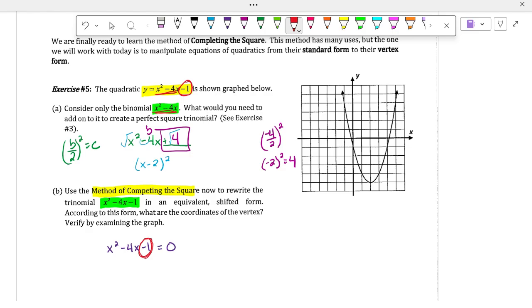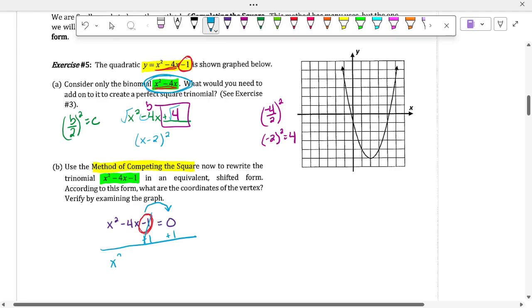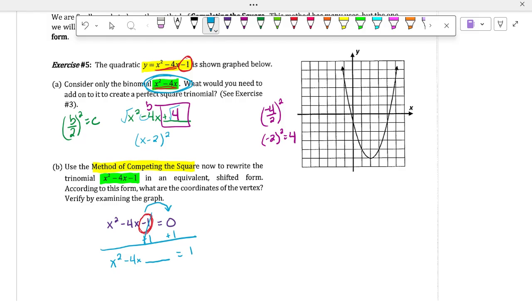So what I want to do is get my equation to where I just have what I start with in part A, so the x squared minus 4x. To do that, I need to move this current c value to the other side using inverse operations. So I'm going to add this 1 to both sides. That goes away. I get x squared minus 4x, and I'm going to leave a big space right here, is equal to 1.